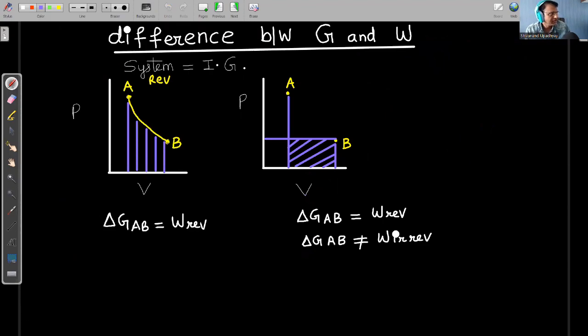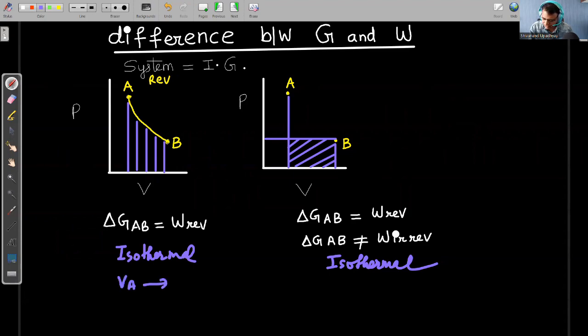So try to understand the difference between Gibbs free energy and work. We have taken an ideal gas, and in the first graph the ideal gas is participating in an isothermal reversible process. Here the process is isothermal in both cases. And we know that for an isothermal process, if we are changing the volume by the same amount, VA to VB, the pressure change, either reversible or irreversible, will be the same, PA to PB.